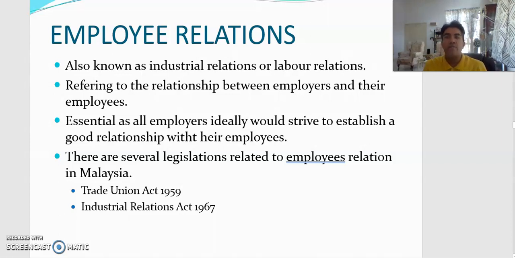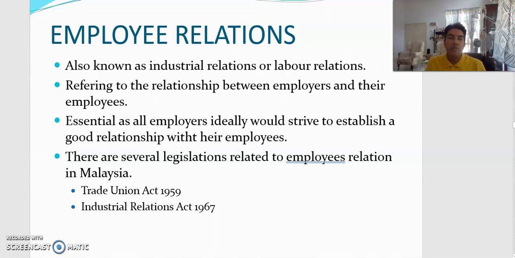So in order for us to get this mutual understanding, that I can give you this much, and the employee also says that they can offer services or work for you for this much, we need to identify this equilibrium between employer and employee. We do not want a situation in which the employer expects the employee to work too much for a minimum pay, which would not be fair to them.